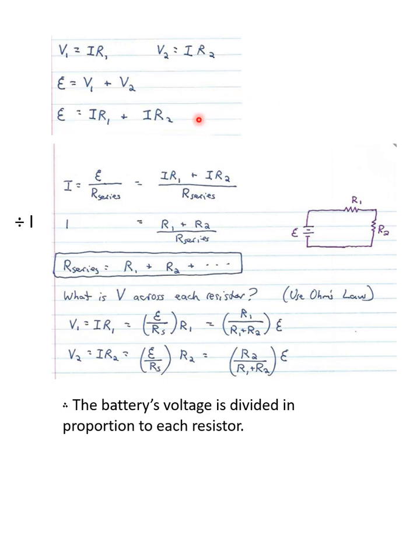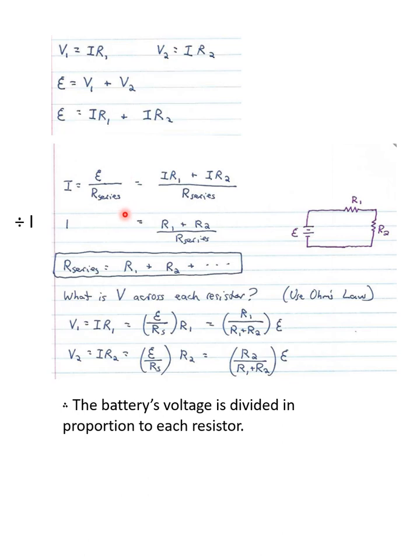Okay, so at the top of the page is where I left off, that the electromotive force of the battery is I times R1 plus I times R2. Now, if we think about what the total current is through the battery, ignoring the individual resistors, Ohm's law says the total current is the electromotive force of the battery, as measured in volts, divided by the equivalent resistance.